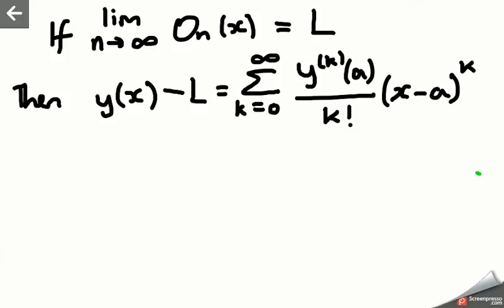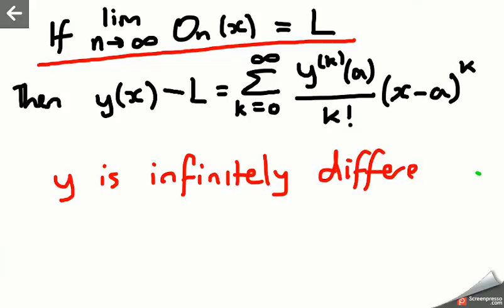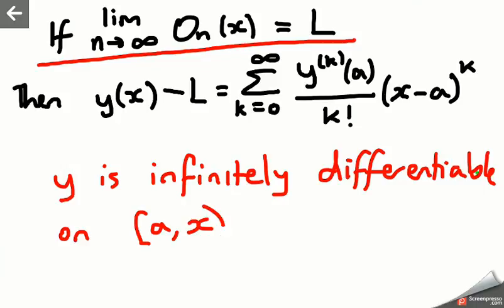And for this to work, obviously, we need ON of x to have a limit as n gets bigger and bigger. And for ON of x to even make sense, we need y to be infinitely differentiable, not only at the point x equals a, but on a to, I guess, x.